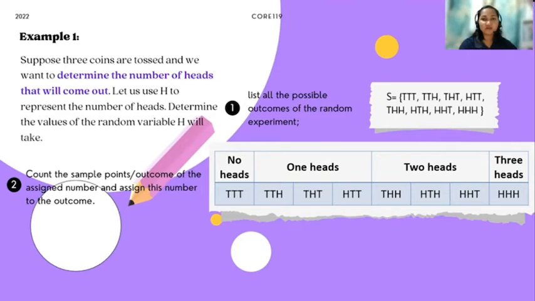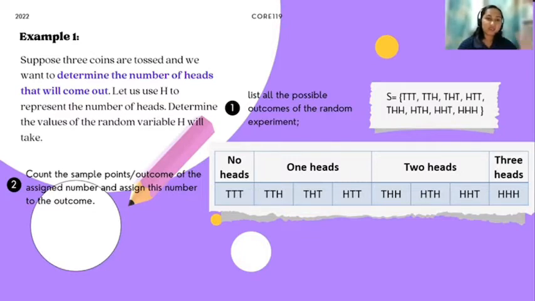We need to identify which of these sample points has no heads. In this case, we have TTT. Among these sample points, those with only one head are TTH, THT, and HTT. For the 2 heads, that's THH, HTH, HHT, and then for 3 heads, that's HHH.